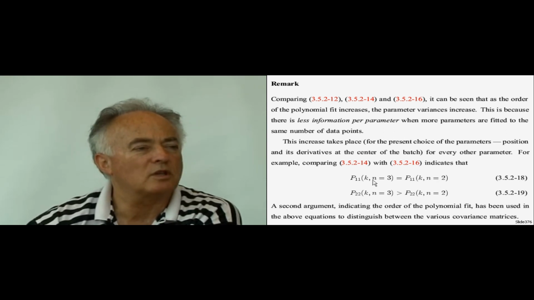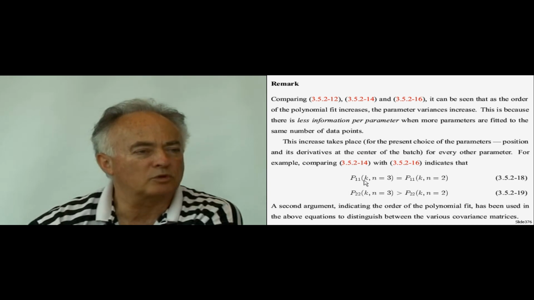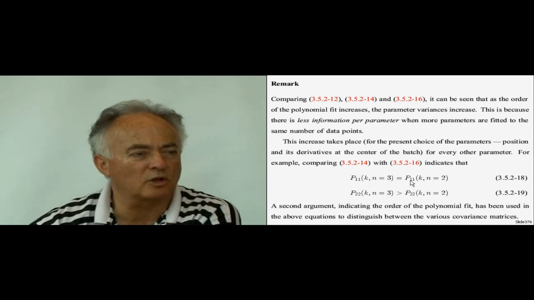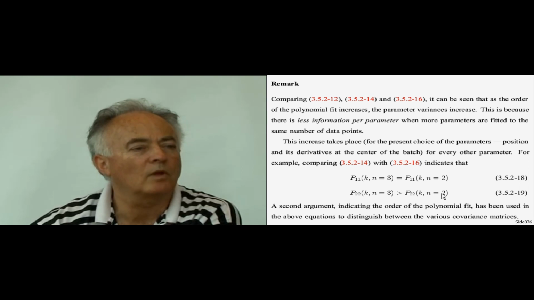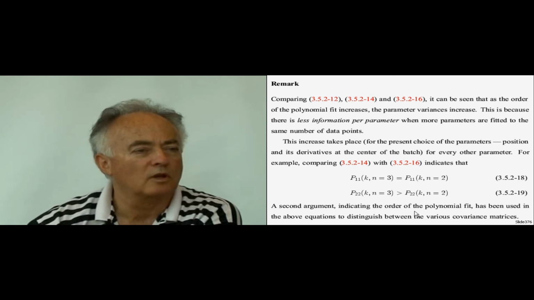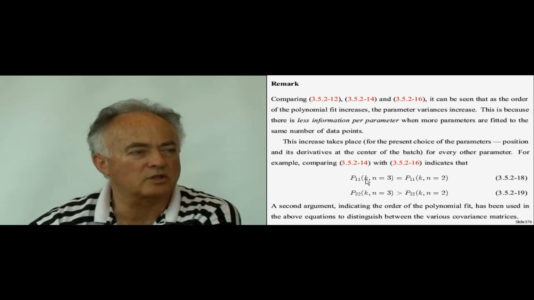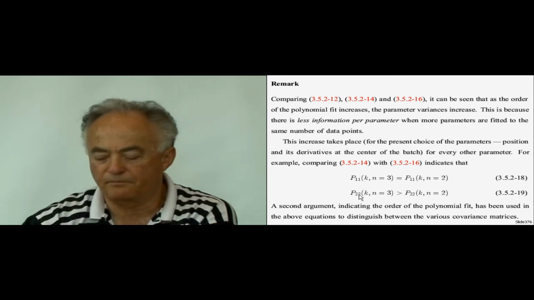You can see that for the position we get the same. P11 is the position component. For the velocity component, if you fit a parabola, you already have a variance larger than if you fit a straight line. So this is the order of the fit, and this is based on k samples, and this is for the position, and this is for the velocity.